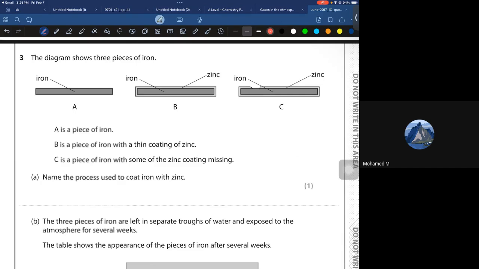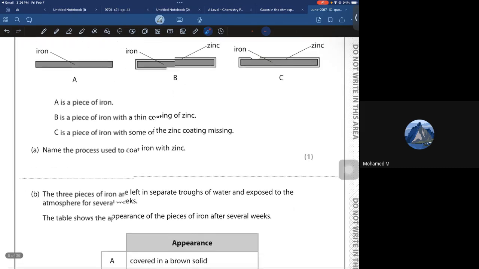The diagram shows three pieces of iron. A is a piece of iron. B is a piece of iron with a thin coating of zinc. C is a piece of iron with some of the zinc coating missing. Like you can see over here, the coating part is missing. Name the process used to coat iron with zinc.